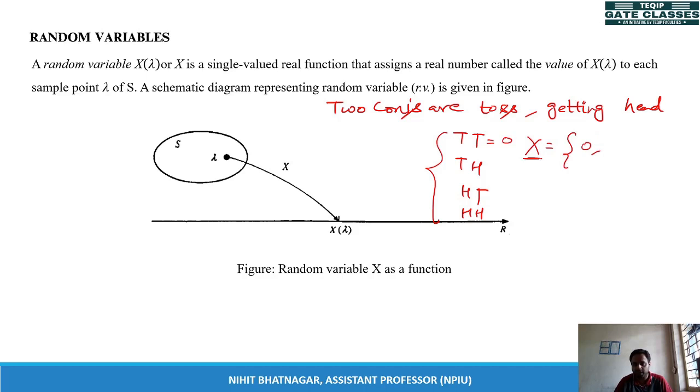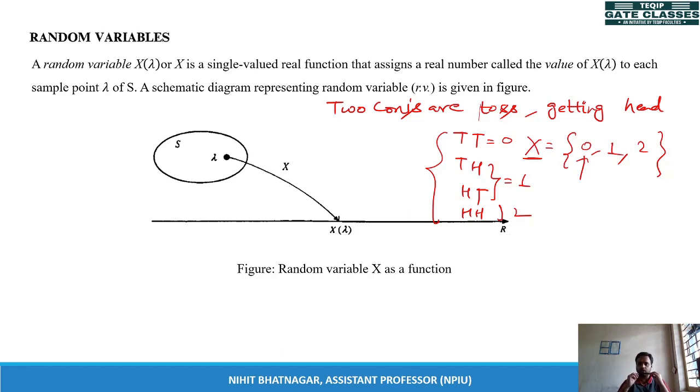This is a random variable x, and we map this random event, the toss of 2 coins, into a random variable. In this case the number of heads is 1, and here 2. The values of random variable x, which denotes the number of heads from 2 coins tossed, are 0, 1, 2.